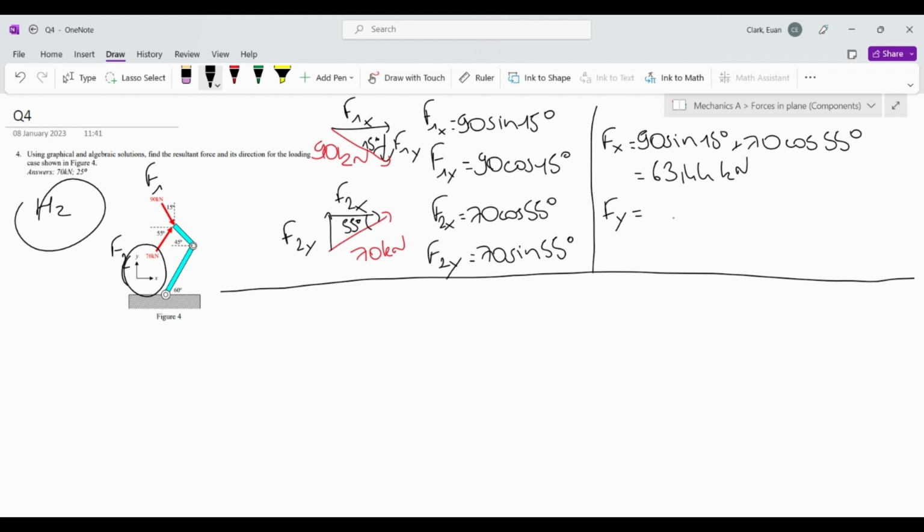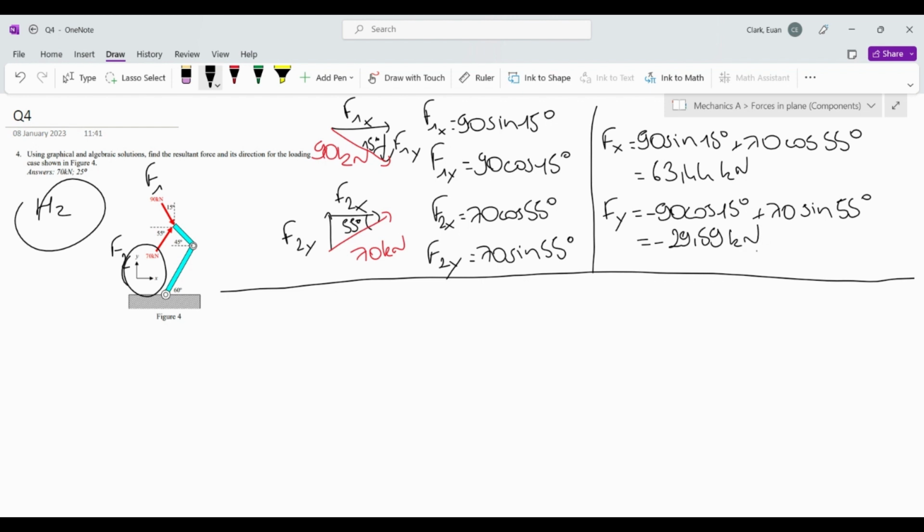So this is going to be minus 90 cosine 15 degrees plus 70 sine 55 degrees. And this is going to give us minus 29.59 kilonewton.